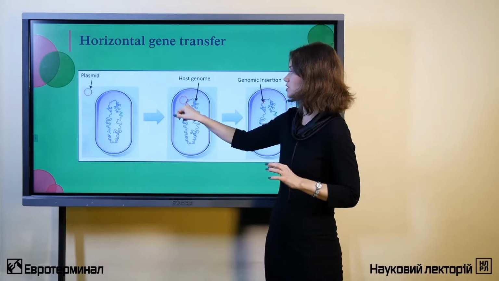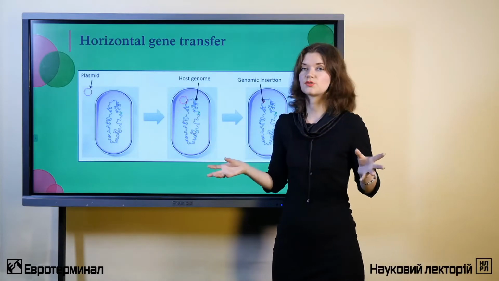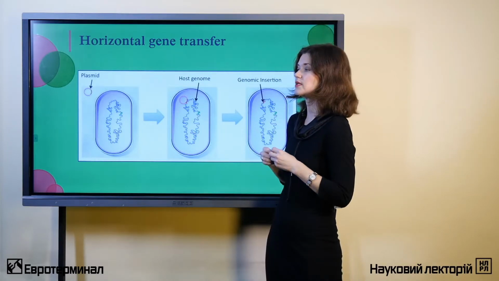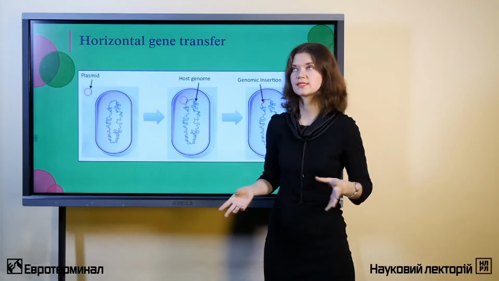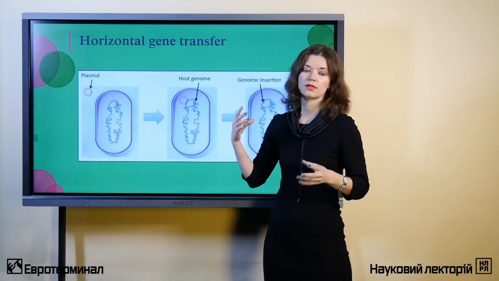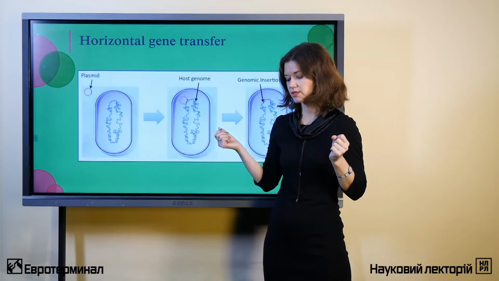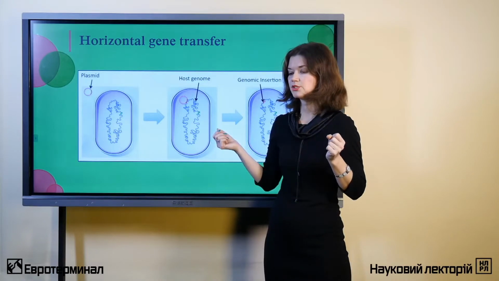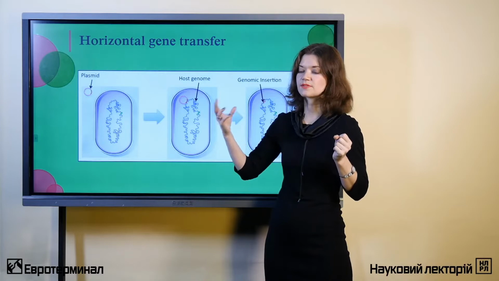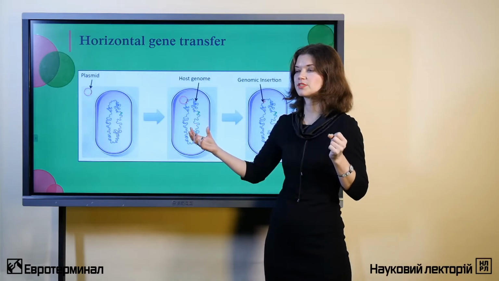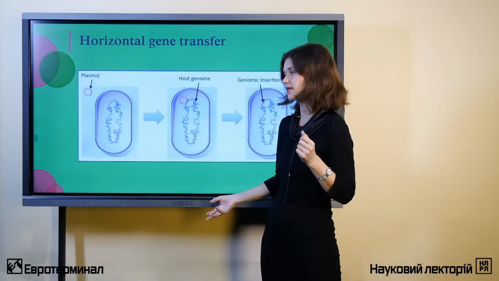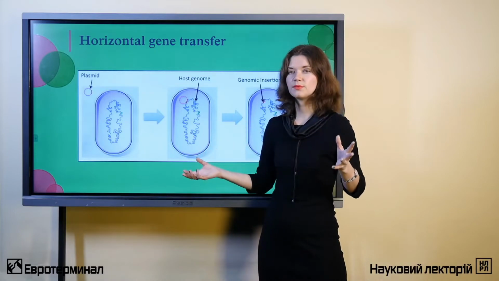For example, this transposon also contains resistance to some antibiotic, or the ability to produce some toxins, or to produce substances that help the bacteria kill other bacteria and stay alive. So there can be a lot of properties.